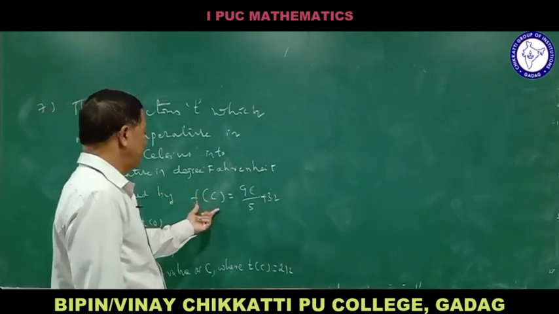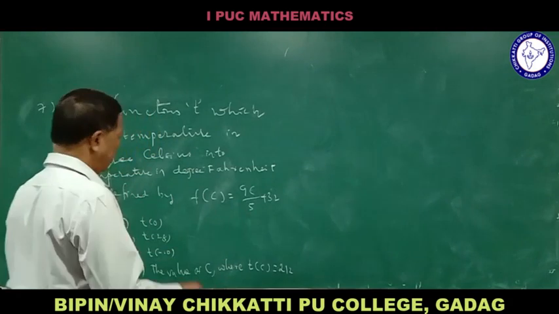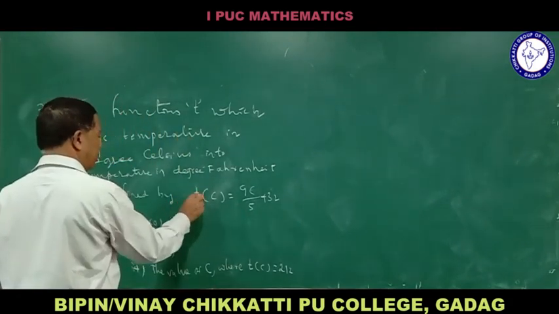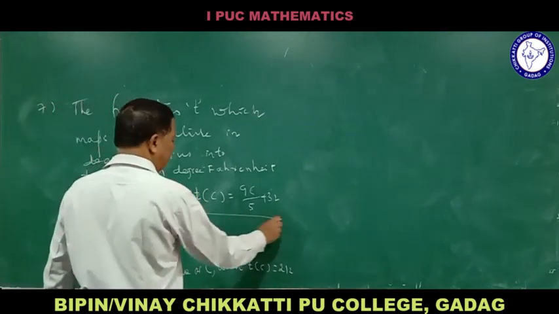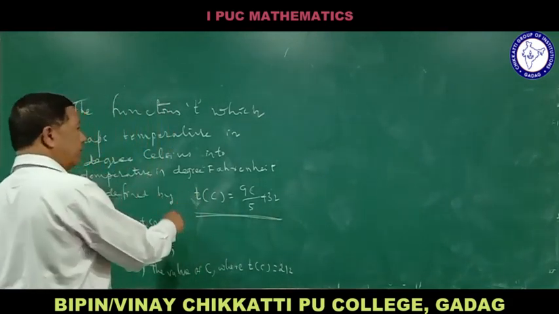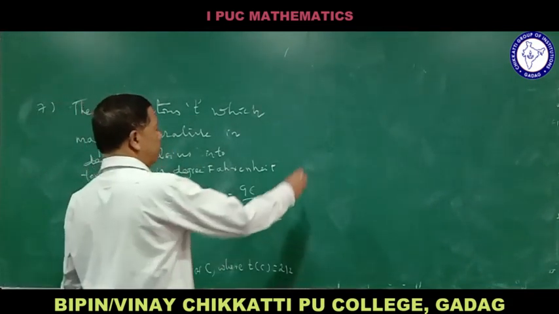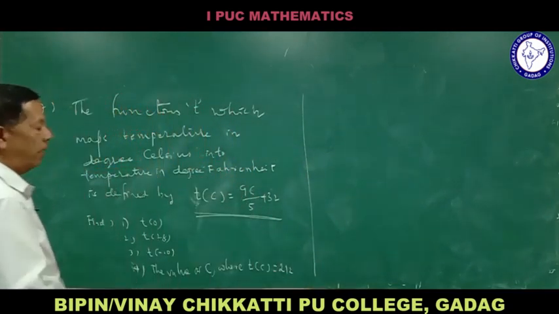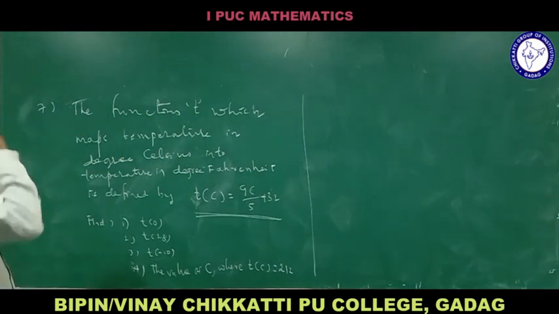So this is in centigrade and this is in Fahrenheit, and here you have to see the function T you have taken. This is the formula to convert degree centigrade to Fahrenheit: T of C equal to 9C by 5 plus 32, and you have to use this formula.